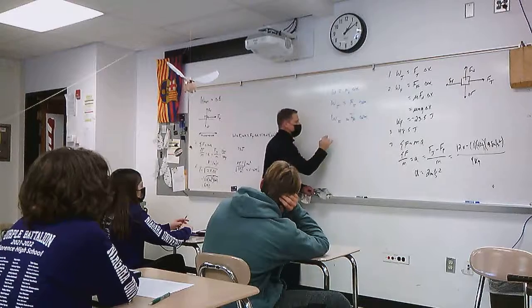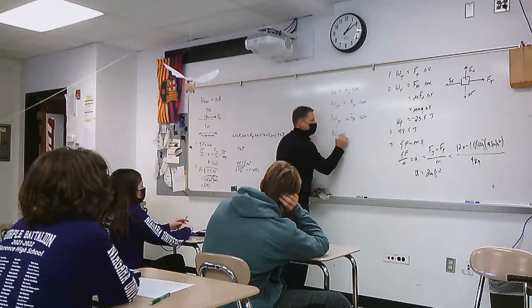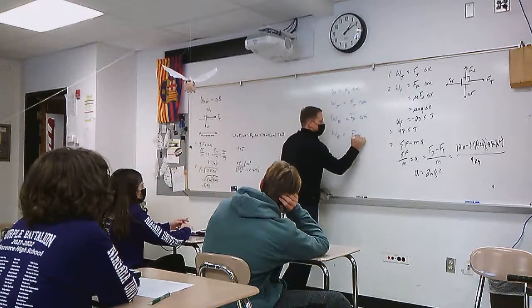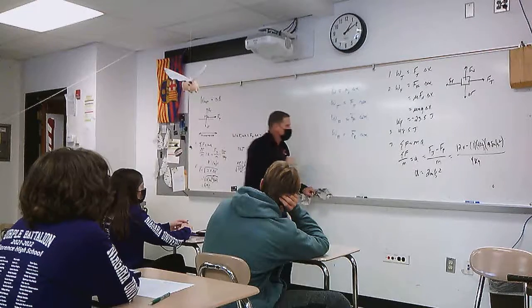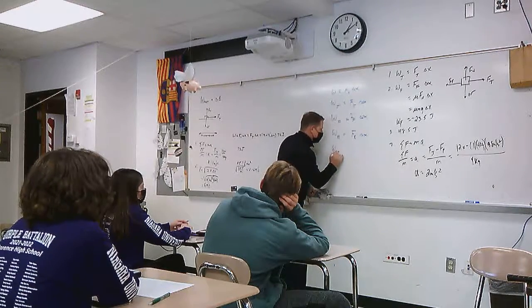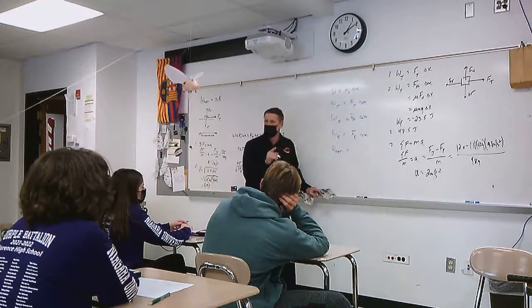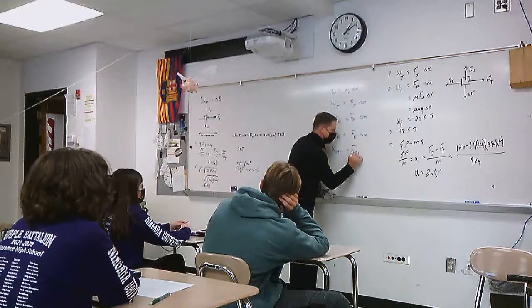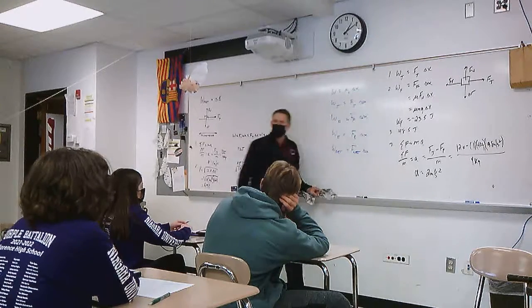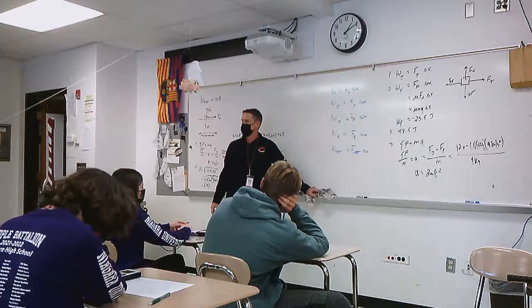And if Emily were doing work, the work that Emily did would be equal to Emily's force times delta x. So if we're trying to find the net work done, then we would put the net force in that calculation.